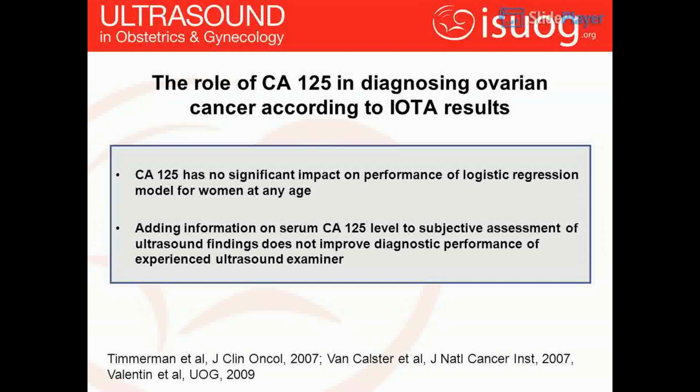Adding information on serum CA125 level to subjective assessment of ultrasound findings does not improve diagnostic performance of an experienced ultrasound examiner. Timmerman et al., 2007, Van Calster et al., J. Natl Cancer Inst., 2007, Valentin et al., ISUOG, 2009.